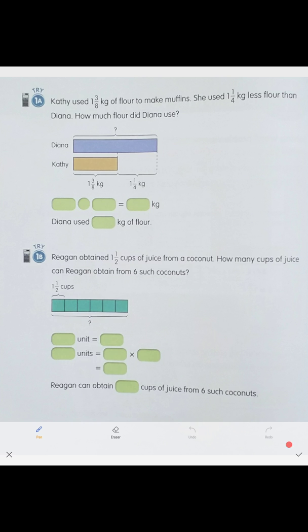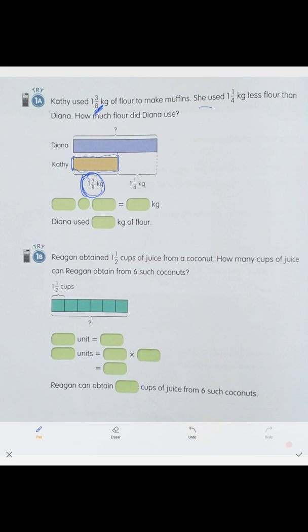Alright, next page. So Katie used 1 and 3 over 8 kilogram of flour to make muffins. She used 1 over 4 kilogram less flour than Diana. How much flour did Diana use? Right? So this is what you do. You draw your model for Katie, and you know how much this is. 1 and 3 over 8, right?